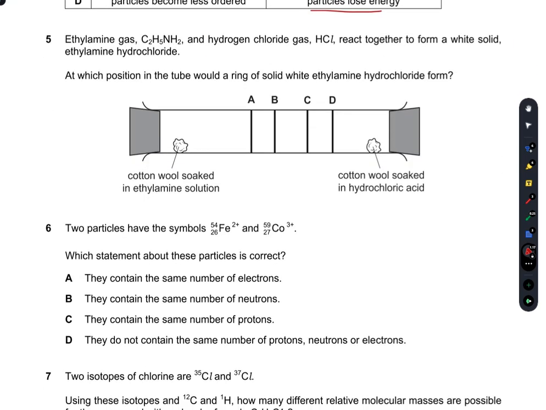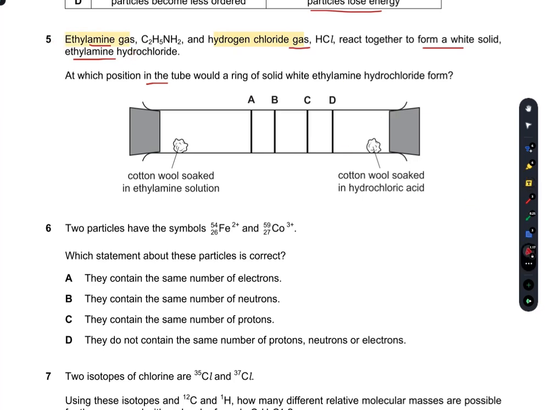Ethylamine gas and HCl gas react together to form a white solid, ethylamine hydrochloride. So at which position in the tube would a ring of solid white ethylamine hydrochloride form? Now the first thing is that both are gases, so diffusion will definitely take place.